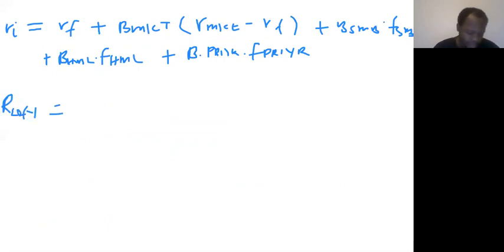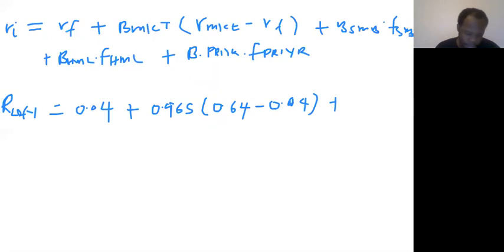It is going to be the risk-free rate, 4%, which is 0.04, plus the beta of the market, which was 0.965, multiplied by the bracket, return on the market, 0.64, minus 0.04, plus the second beta, which in that case was negative, so I change this to negative 0.81812, multiplied by the factor return, which was 0.35.